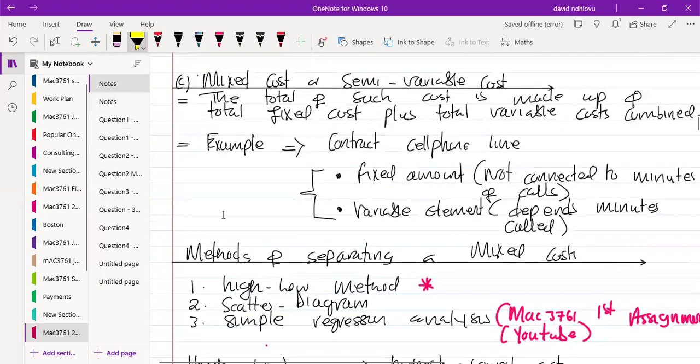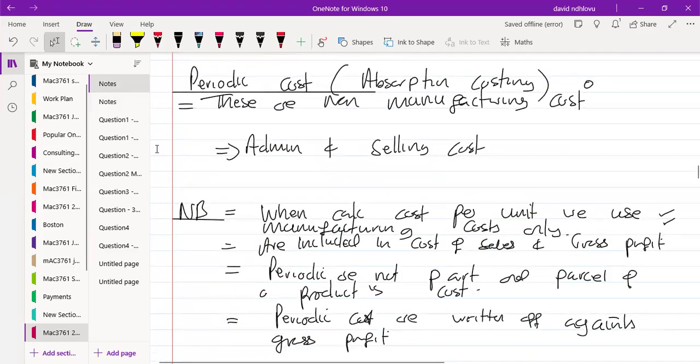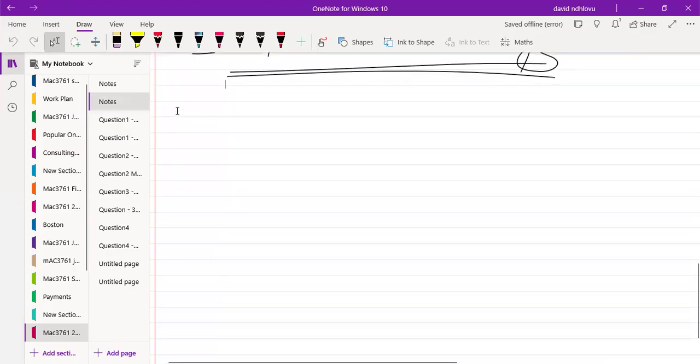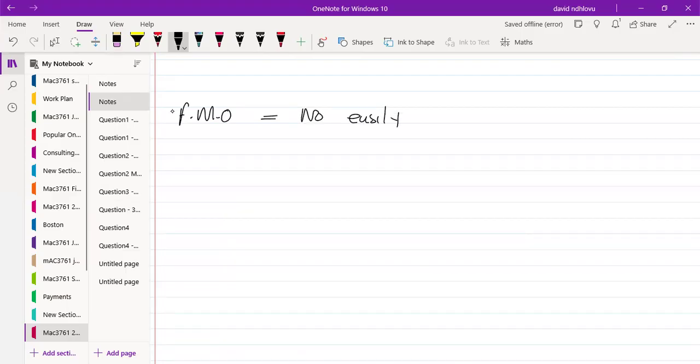Right, so let's discuss that. There is a particular thing that we should always remember. When it comes to fixed manufacturing overhead, these are not easily traceable to the final product that is being produced by an entity.